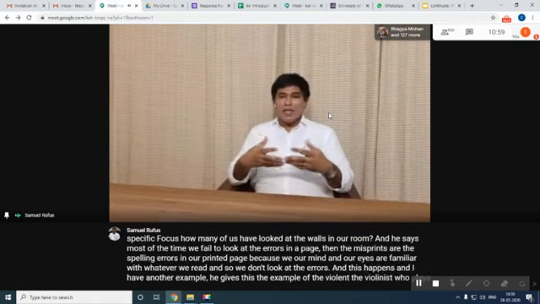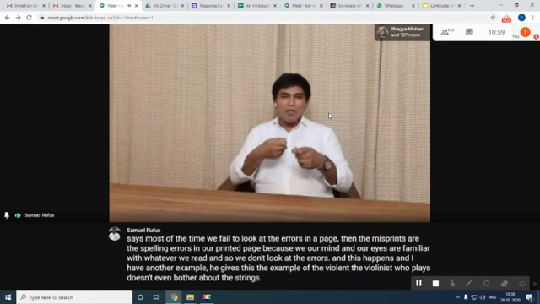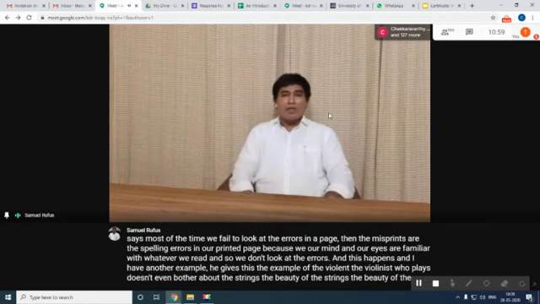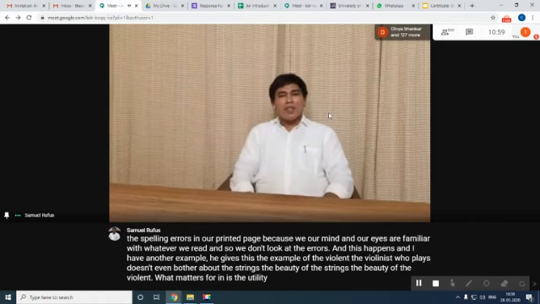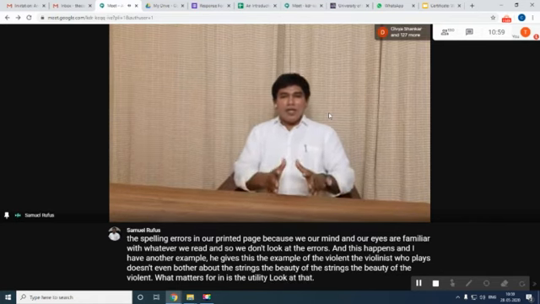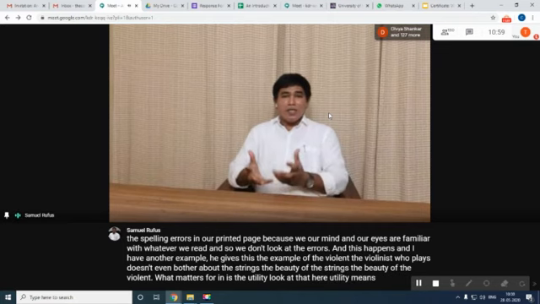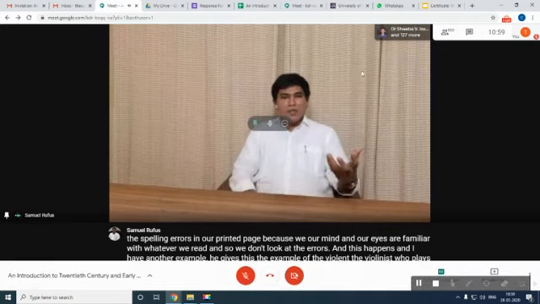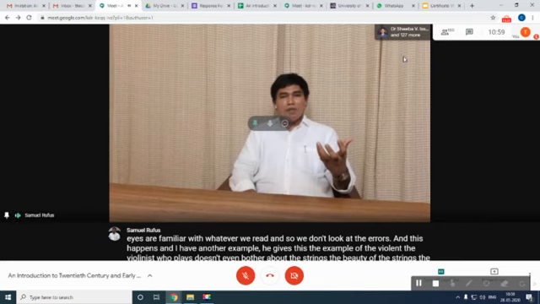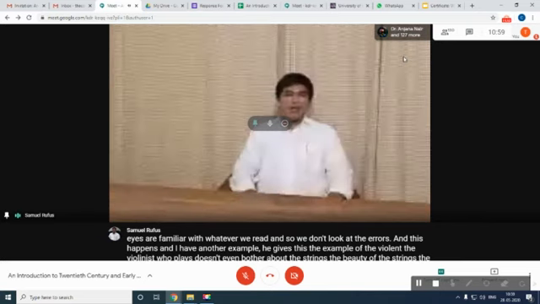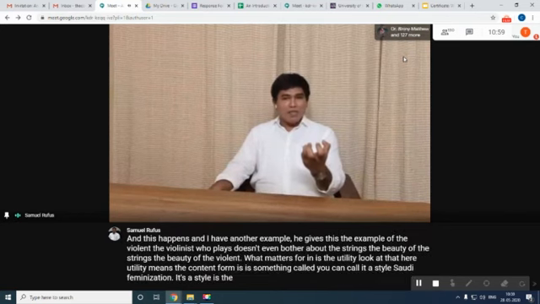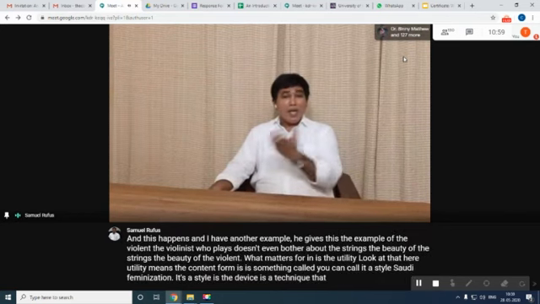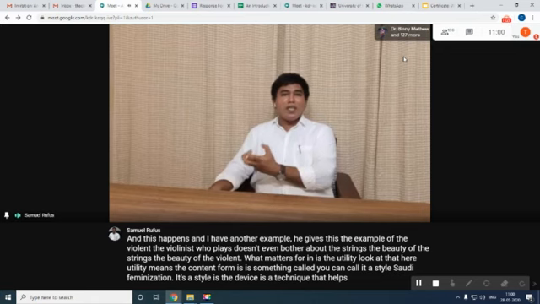The violinist who plays doesn't even bother about the strings, the beauty of the strings, the beauty of the violin. What matters for him is the utility. Here, utility means the content. Form is something you can call a style. So defamiliarization is a style, it's a device, it's a technique that helps understand content.